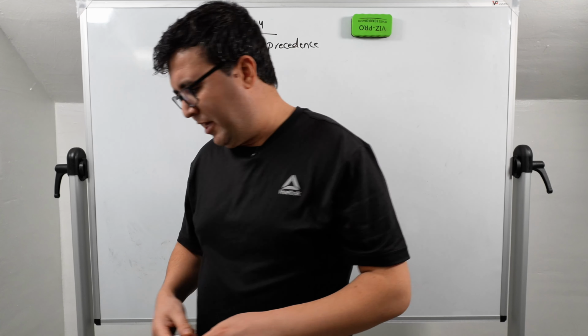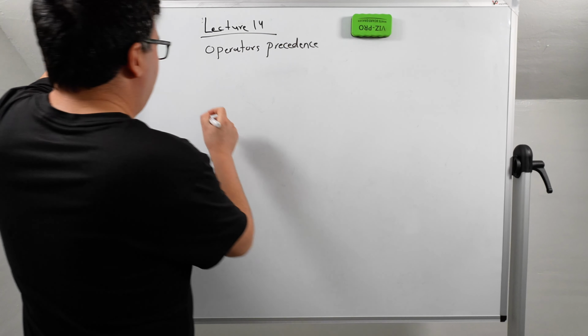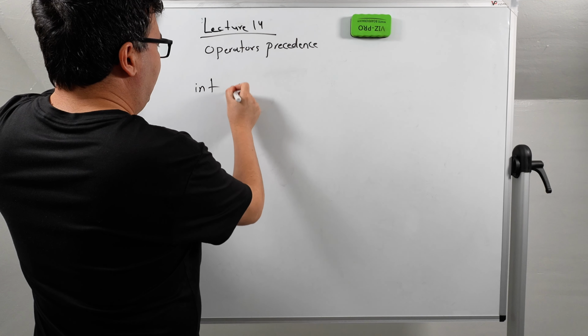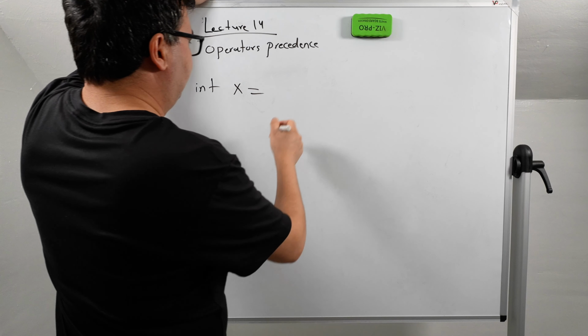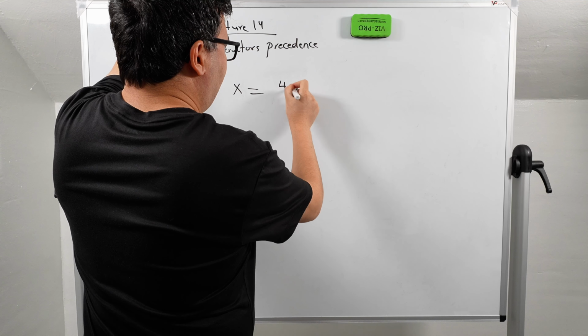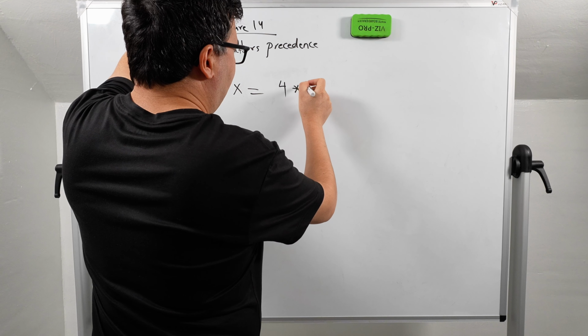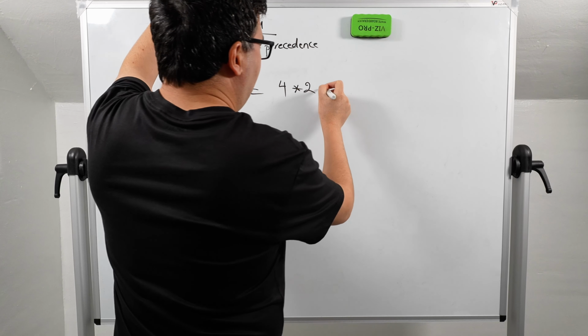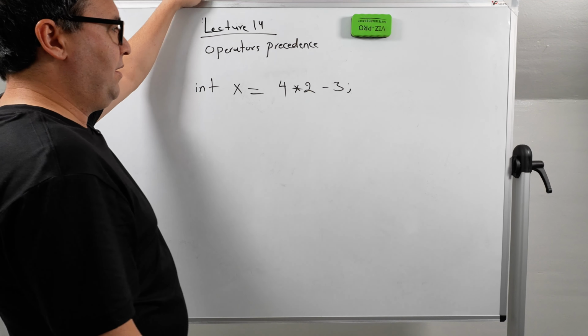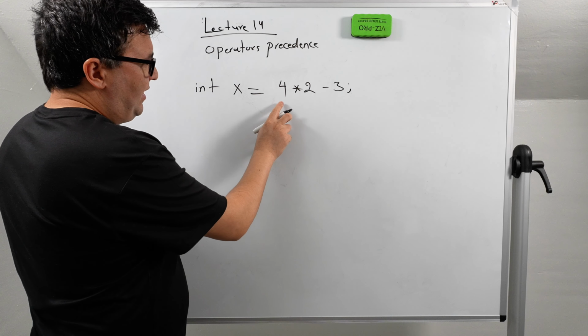For example, if we have int x = 4 * 2 - 3.